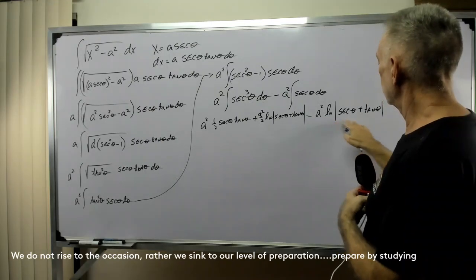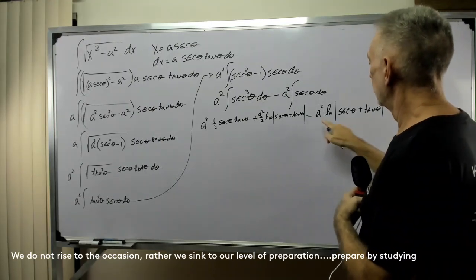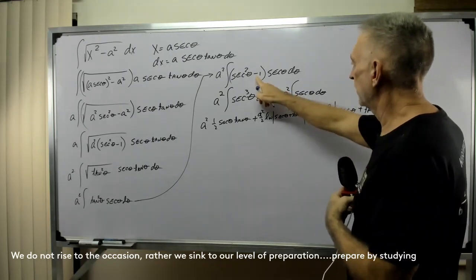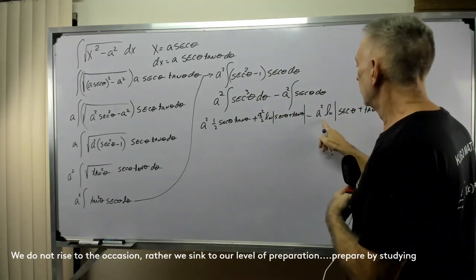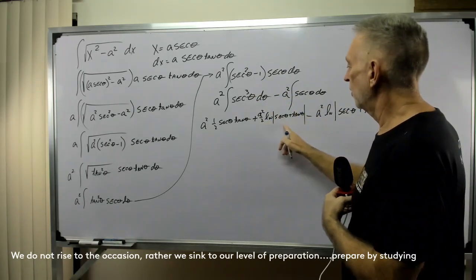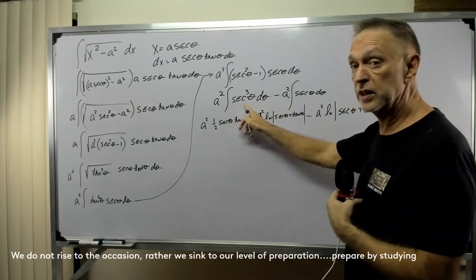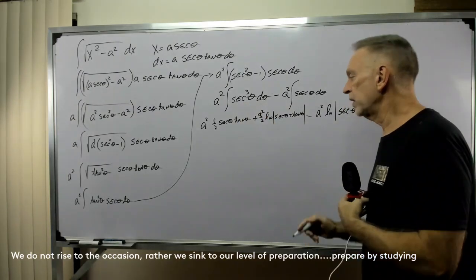Okay, so this is the integral of secant. Of course, this negative came from up here. And then we have all of this other is the integral of secant cubed. So what do we end up with here?